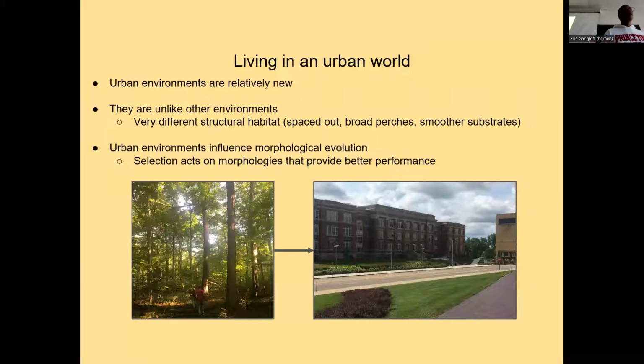So for instance, if I was a lizard who had short limbs, so I couldn't climb very well, and I was stuck in this urban environment, versus if my brother was also a lizard who had longer limbs and was able to climb better in this urban environment, I probably would die sooner because I wouldn't be able to climb as fast to escape predators, and my fitness would be drastically reduced.